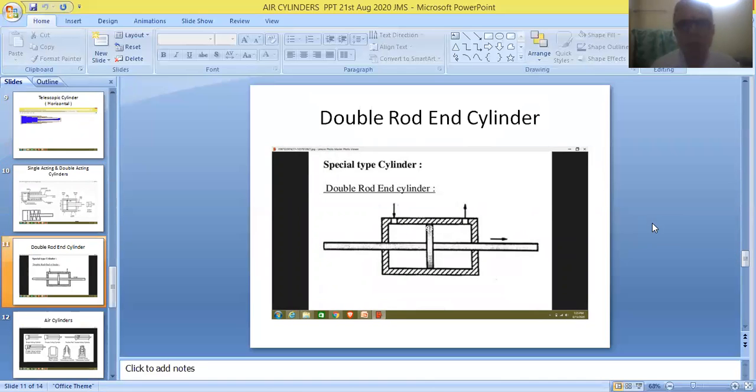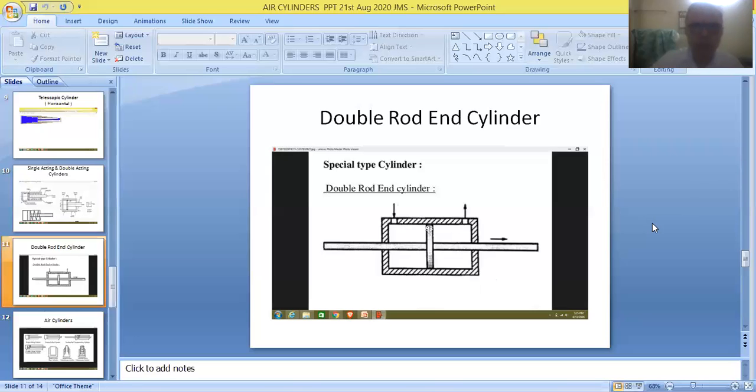So friends, this is the arrangement of another cylinder that is called a double rod cylinder or a double rod end cylinder. We have seen the arrangement of single acting and double acting cylinders, where the piston rod is provided only on the right hand side of the piston.